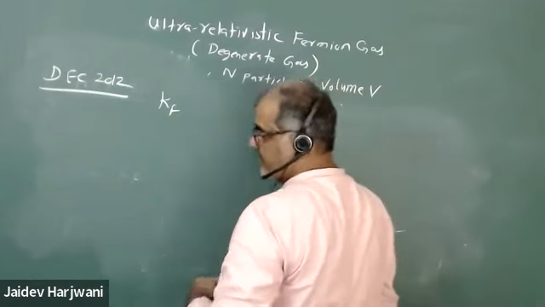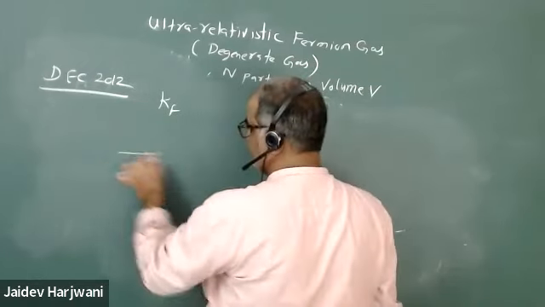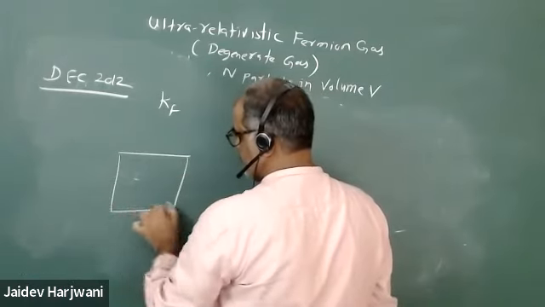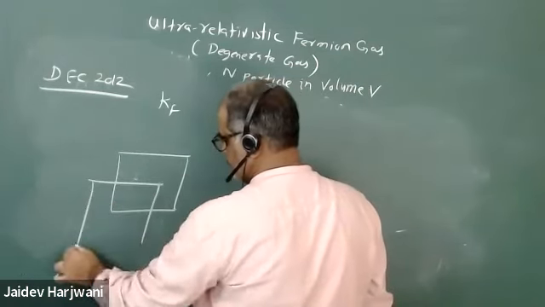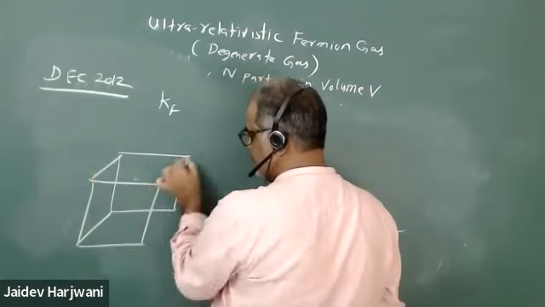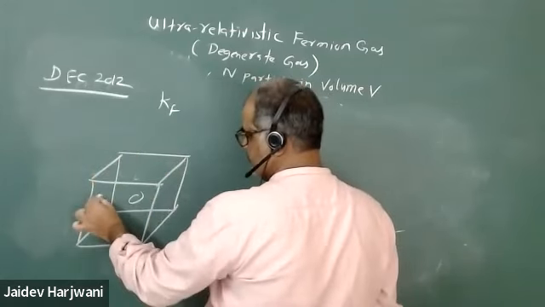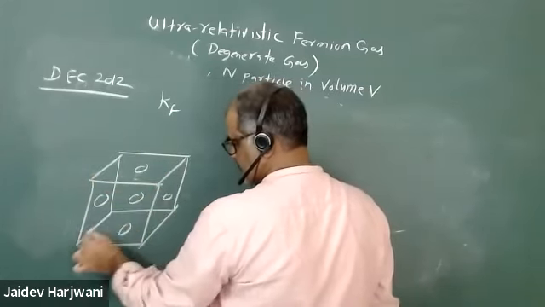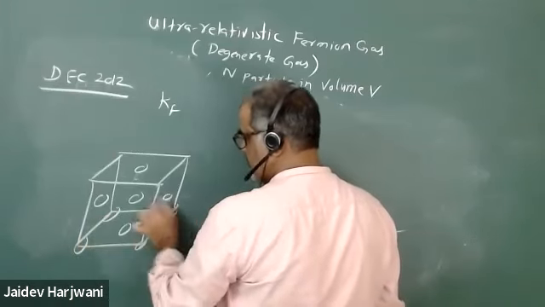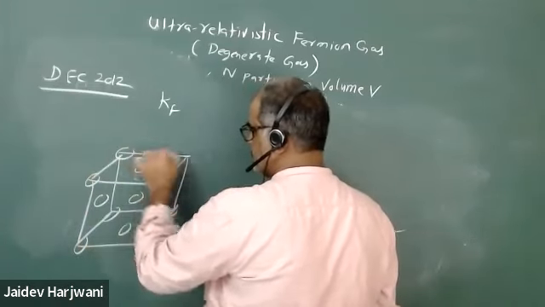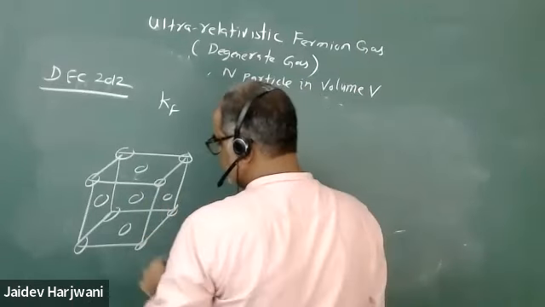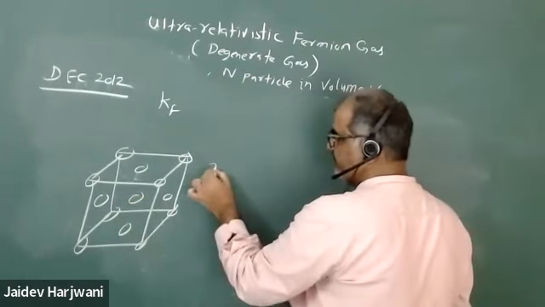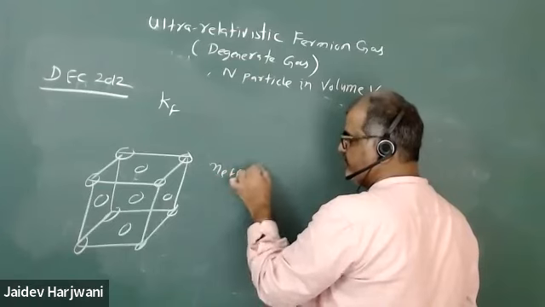If you see the FCC structure, for this structure, the n effective is how much? 4.